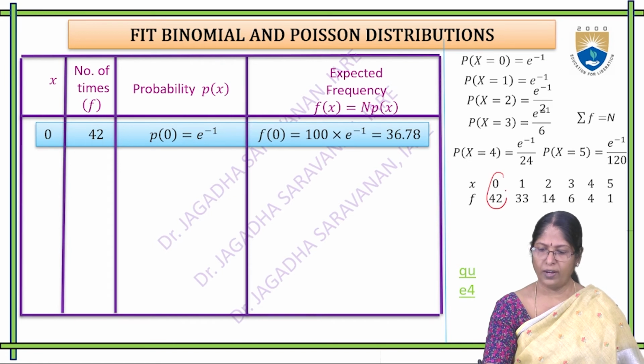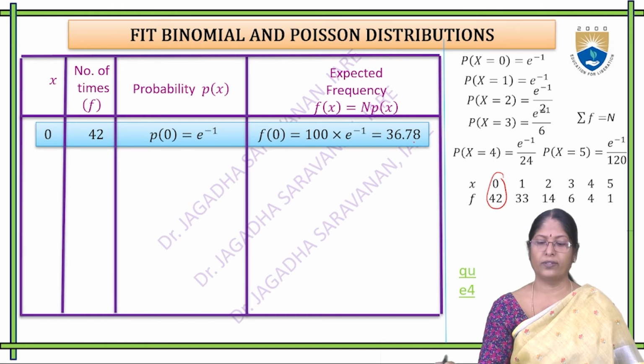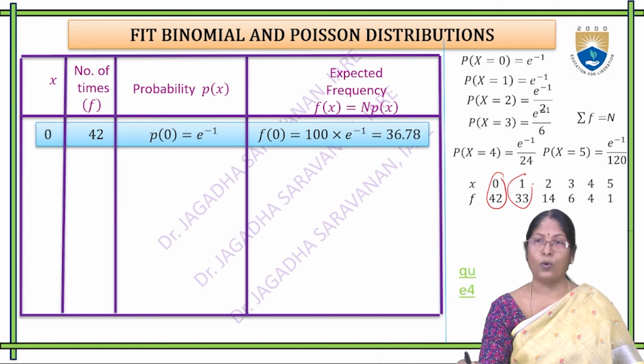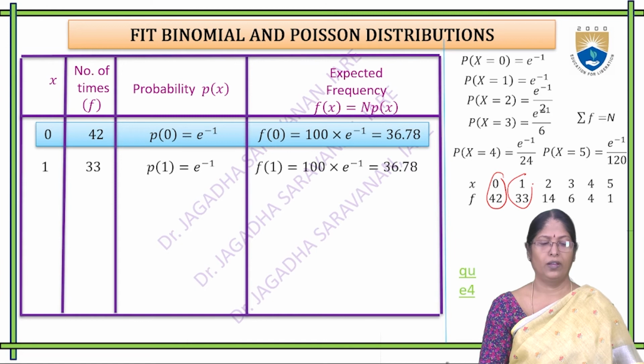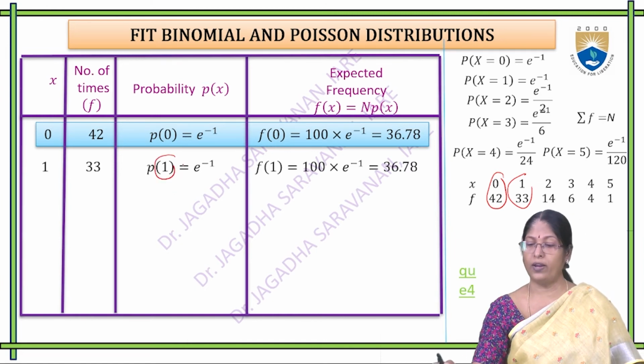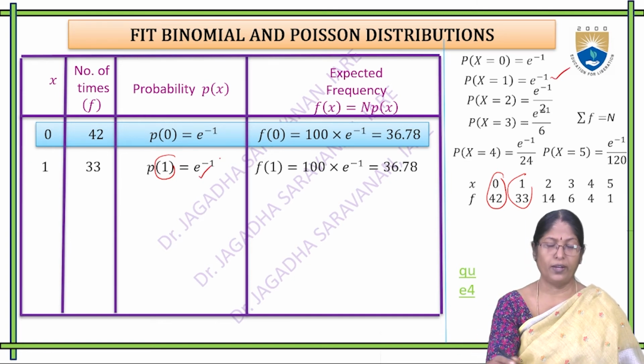Now, when x equals 0, the frequency is 42, and we obtained f of 0 as 36.78. Similarly, we have to do 1 and 33. Here the probability of 1 is e power minus 1, which is written.